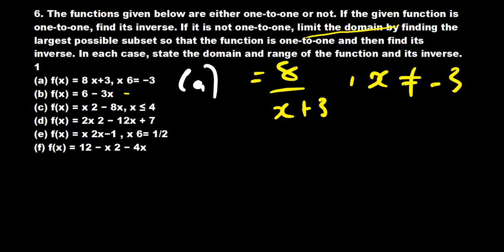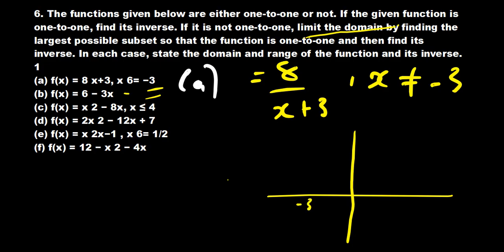If we were to draw this one, although we've not been taught to draw, I like drawing just to illustrate so that we don't leave anyone behind. We've seen that x should not be equal to -3. So if we say -3 is here, we draw a dotted line, because we don't want -3.